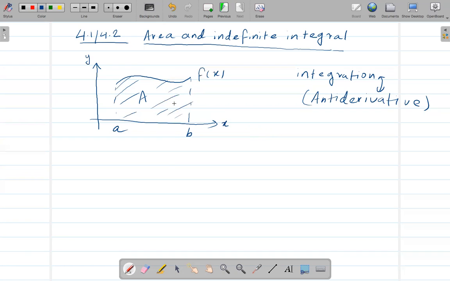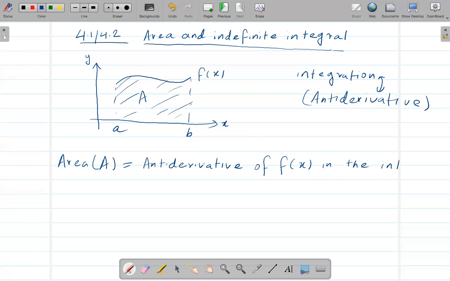So here the area, this capital A, the area of this region is the same as the antiderivative of this function in the interval, so interval a to b.